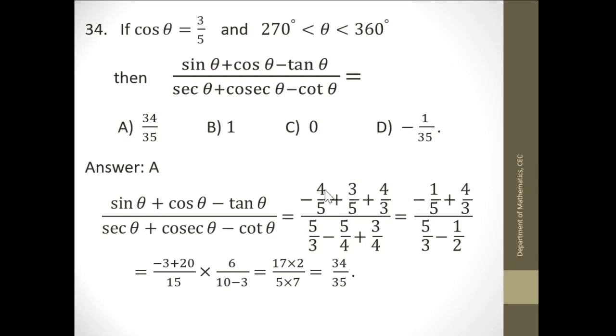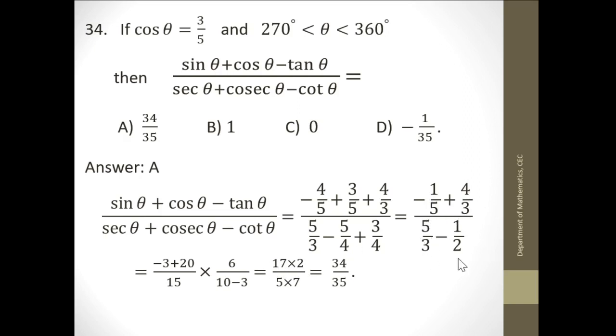Now how to simplify? First simplify these two because denominator is same, so minus 1 by 5, and here simplify these two, that is minus 5 plus 3, which is minus 2 by 4, is minus 1 by 2. Now simplify this, common denominator 15, minus 3 plus 20, that is 17, and denominator 15.